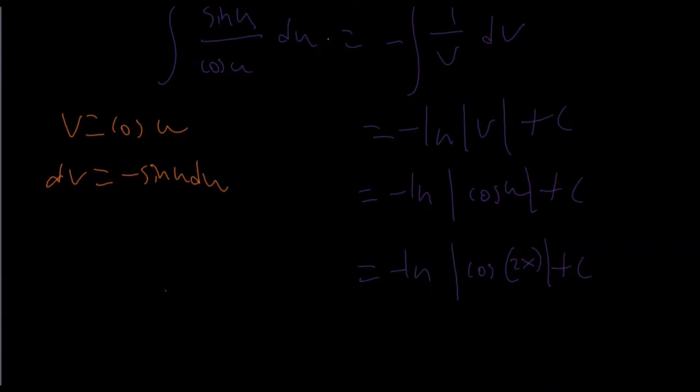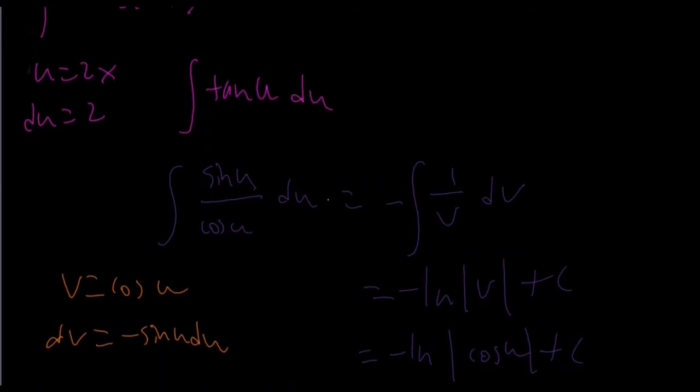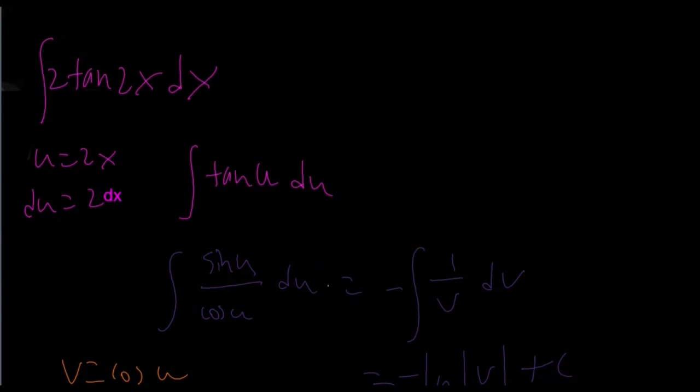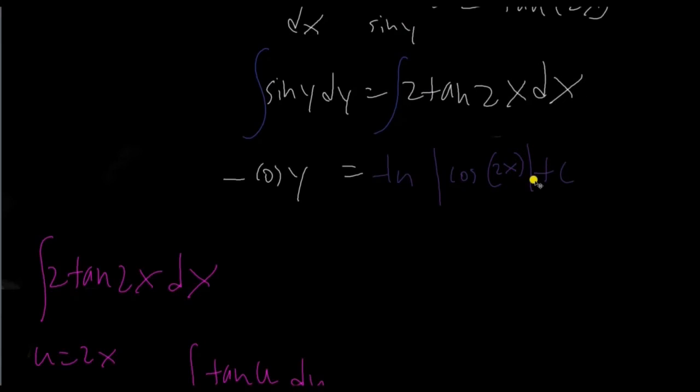And then I can take this and say, alright, this is equal to the integral of 2 tangent of 2x. So I'm going to copy paste this up there. I love copy paste. Okay, now let's see what we can do. The negatives are going to cancel. We'll take the inverse cosine of both sides to solve for y.